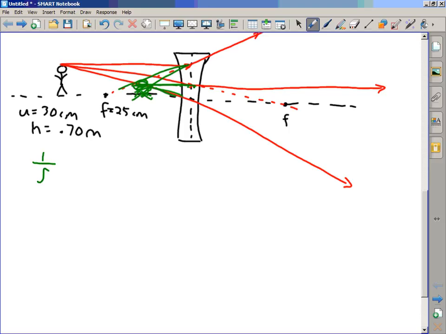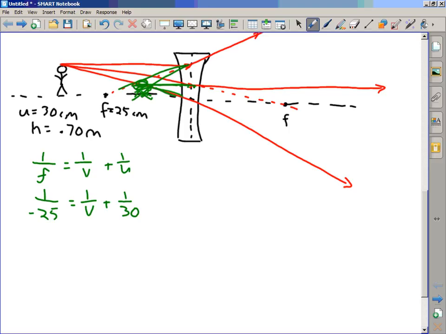1 over the focal length equals 1 over v plus 1 over u. Now, this is a diverging lens, so that focal length isn't 25, it's negative 25. Negative 25 equals 1 over v plus 1 over 30.